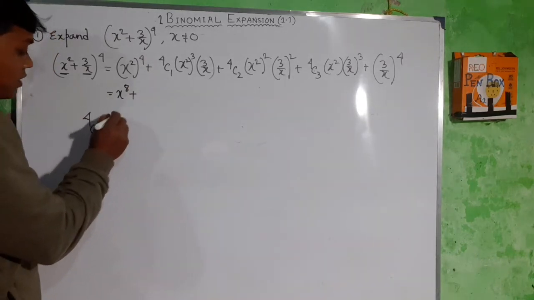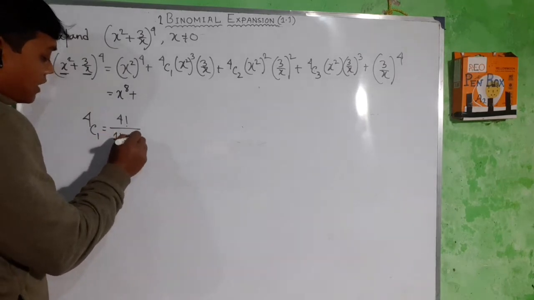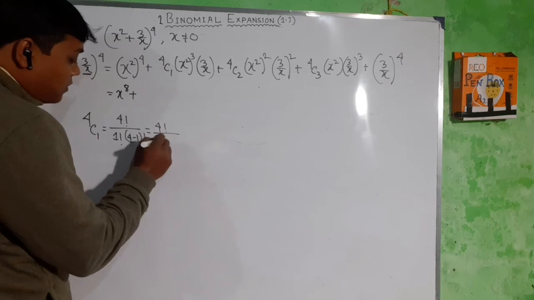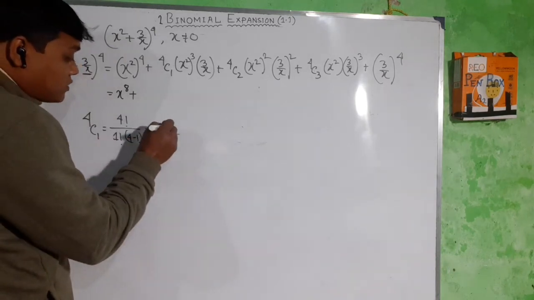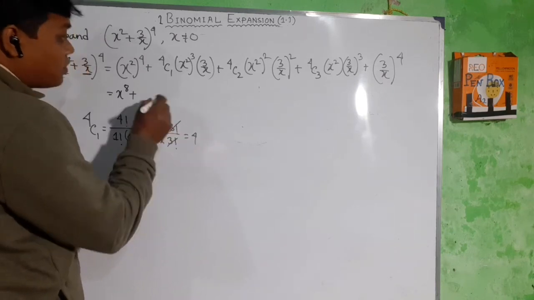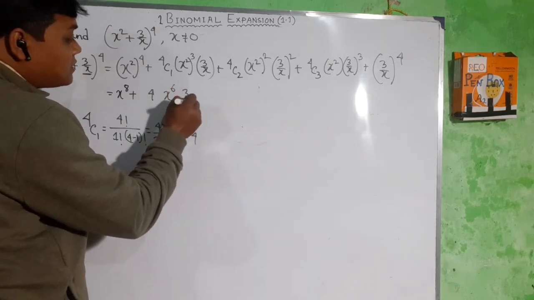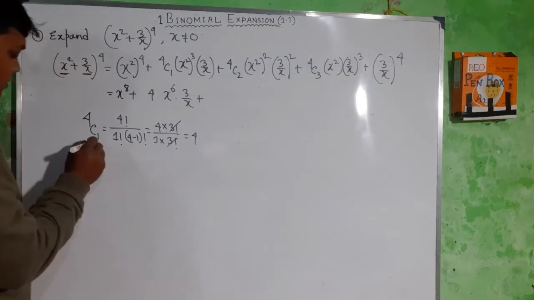What about 4C1? 4 factorial by 1 factorial into (4 minus 1) factorial, that gives 4 factorial by 1 into 3 factorial, and 4 factorial can be written as 4 into 3 factorial. So that is cancelled, so we will get 4. So 4x⁶ into 3/x plus 4C2. What about 4C2?